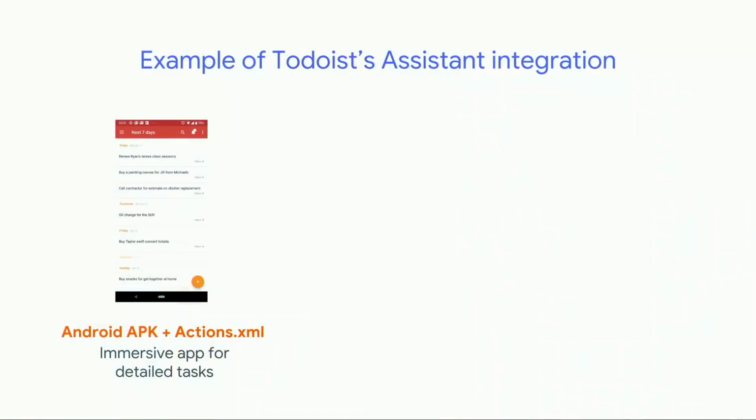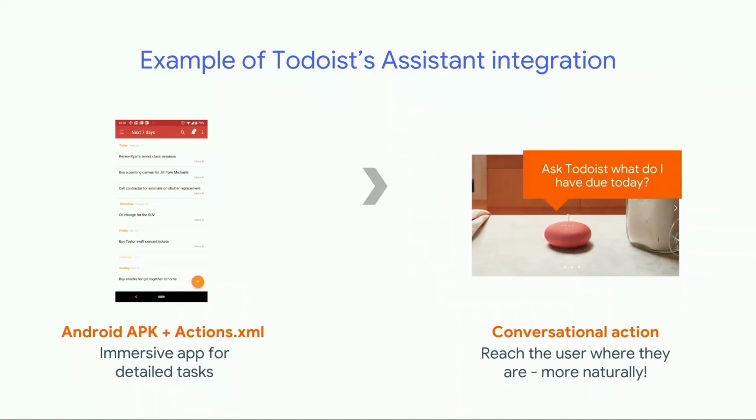Let's take another example, Todoist. Todoist, as everybody knows, is a popular to-do app. It's a rich to-do app with more than 10 million downloads. It has all sorts of detailed task information, different ways you can manipulate it, etc. Great. What will you do when you're cooking breakfast and you just want to find what task do I have due today?